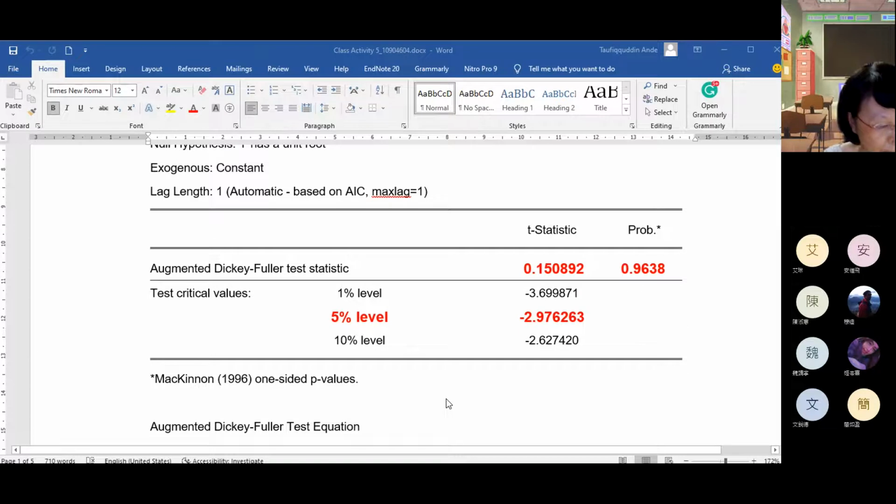Okay, look at table 12.1. This is called 5% one-sided critical values for the Dickey-Fuller test. The first column is sample size.